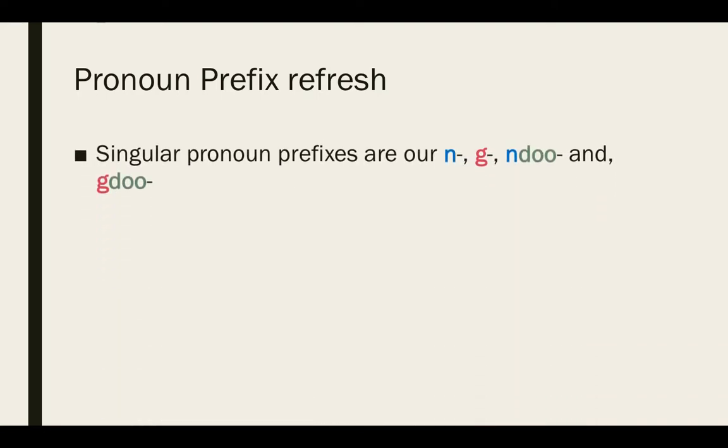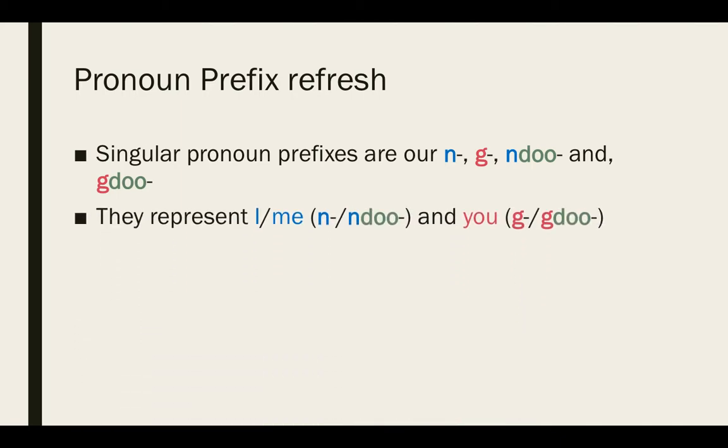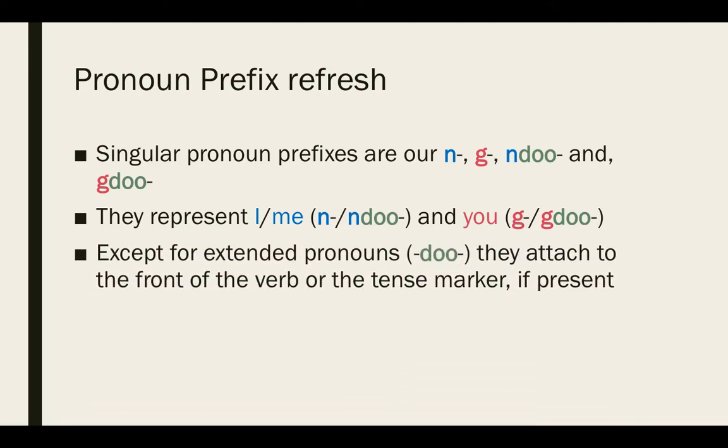Singular pronouns are our n or g prefixes, or ndo and gdo prefixes. They represent I or me, n or ndo, and you, g or gdo. Except for extended pronoun do, they attach to the front of the verb or the tense marker if there's a tense marker present.